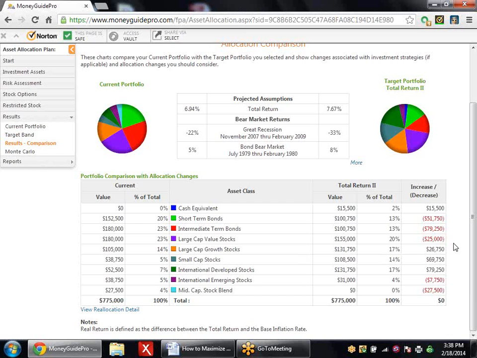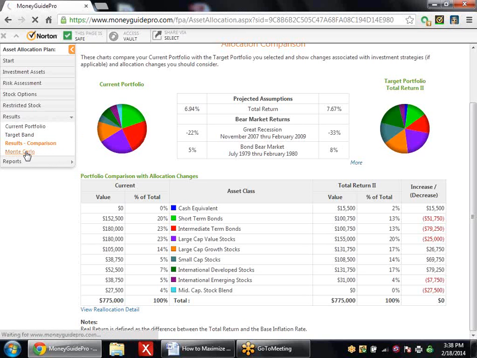You can see where you'd add some money in some of the asset classes and subtract some from others to change your pie allocation from here over to here. Now, in doing so, the projected total return's higher, but if we had something happen like the Great Recession again, you actually potentially lose more money.